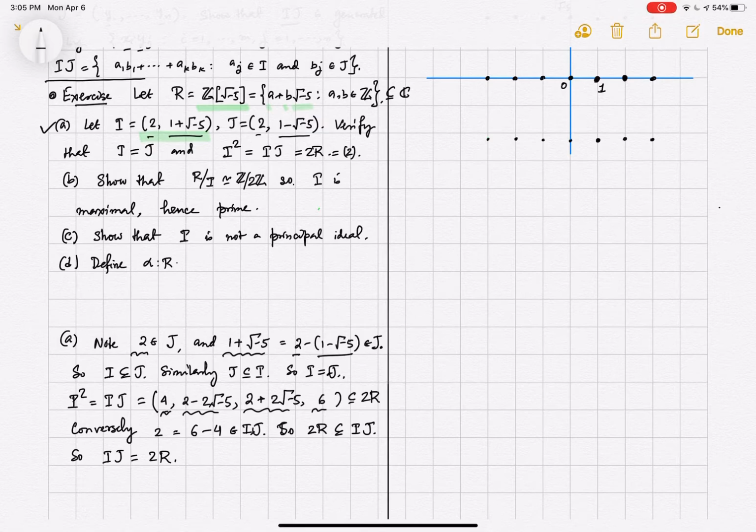Alpha from R to Z mod 2Z by alpha of a plus b square root of minus 5 equals a plus b mod 2, the image of a plus b in Z mod 2Z.